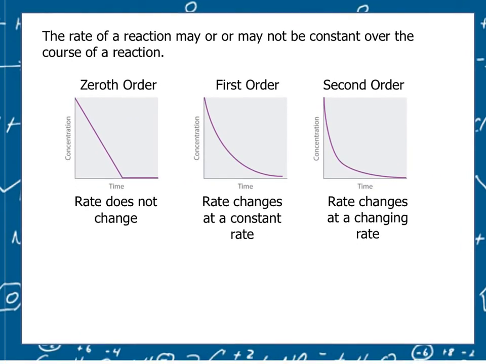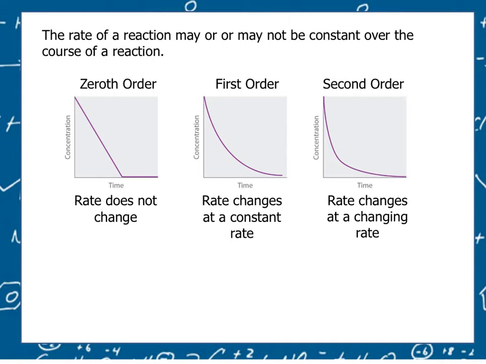However, the rate may be different over the course of the reaction. So some of the graphs that you'll see for this will always have something to do with the concentration on the y-axis over time. So looking at how the concentration changes over time. These are all going to be reactants because they're all disappearing. And we're going to be looking at reactions that we consider zeroth order, first order, or second order.